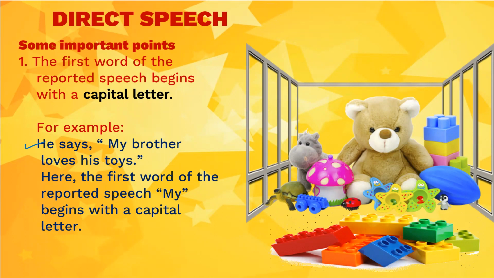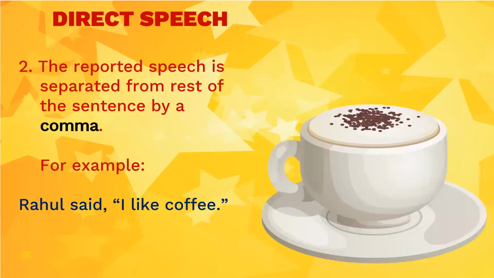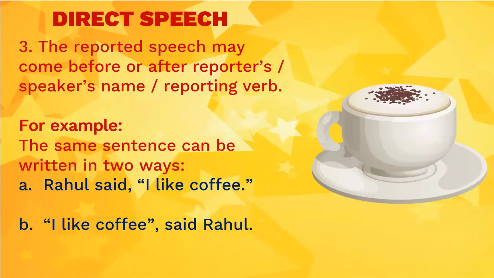Here, the first word of the reported speech, means this particular substance, my, the M will be capitalized. The reported speech is separated from rest of the sentence by a comma. I have already spoken about it, but it is something that you definitely need to keep in mind. So Rahul said, comma, then inverted comma and your substance.